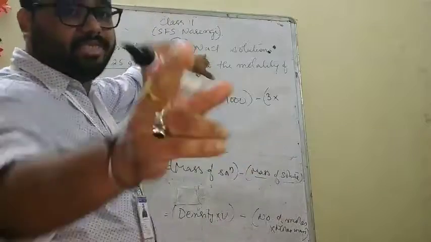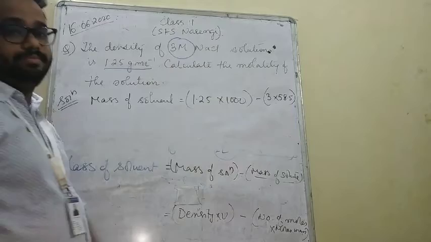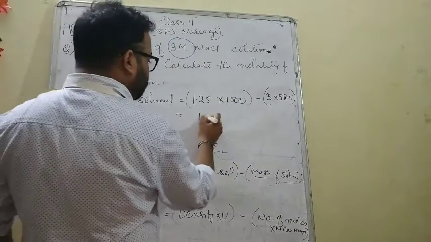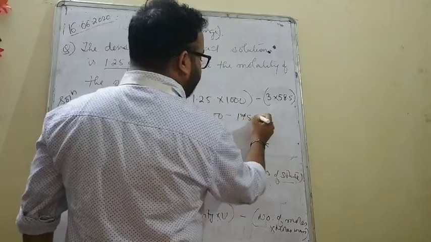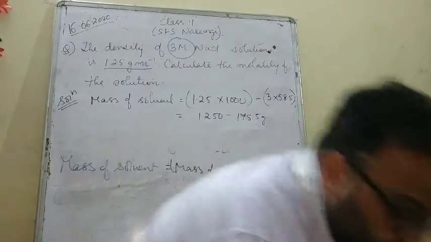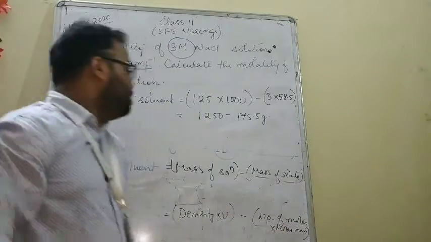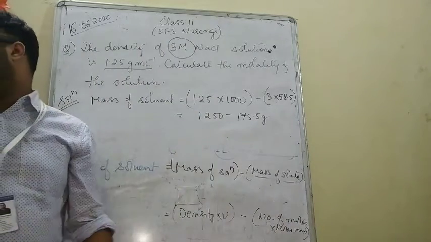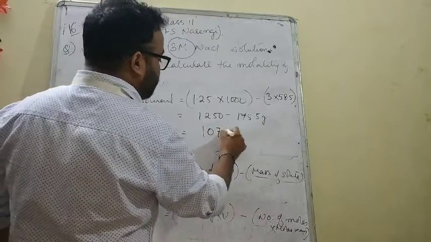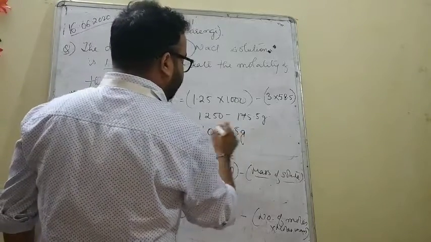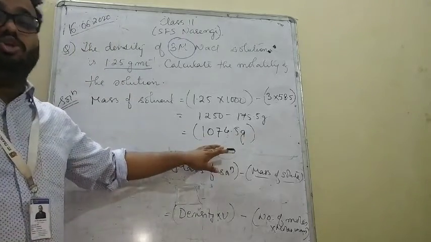Molar mass of NaCl, if you calculate, will come 58.5. So that is 1250 minus 175.5 gram. If you subtract it, it will become 1074.5 gram. So this is the mass of solvent.